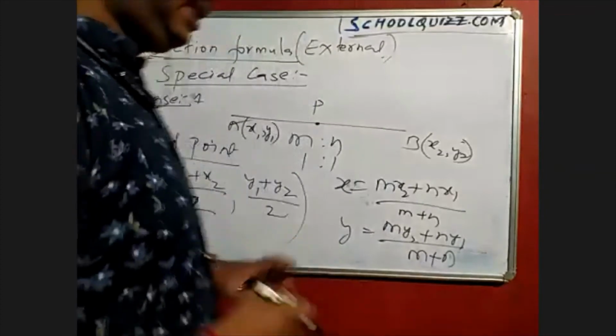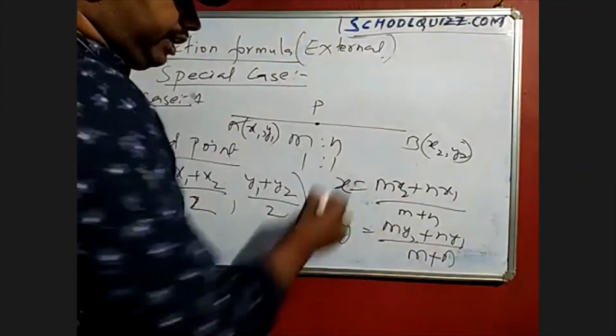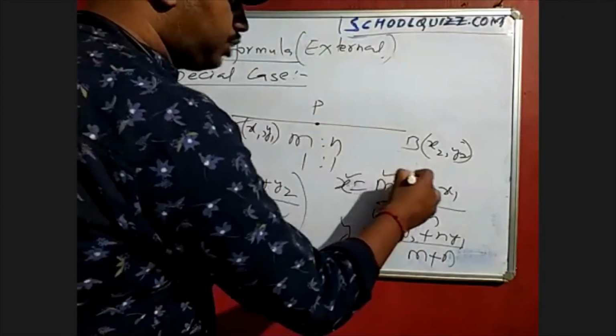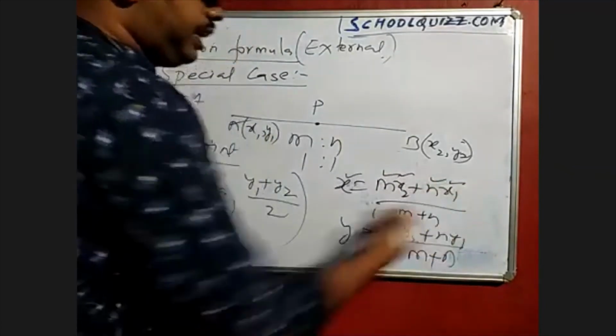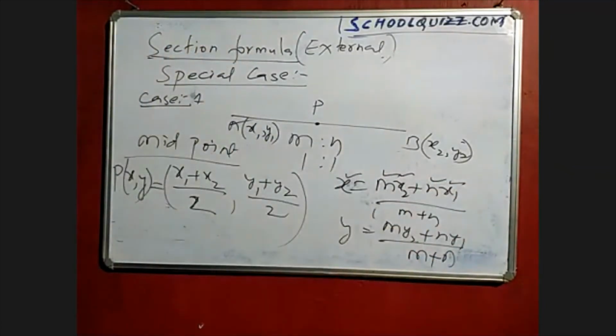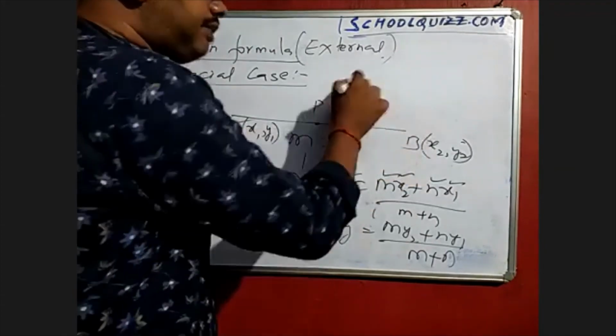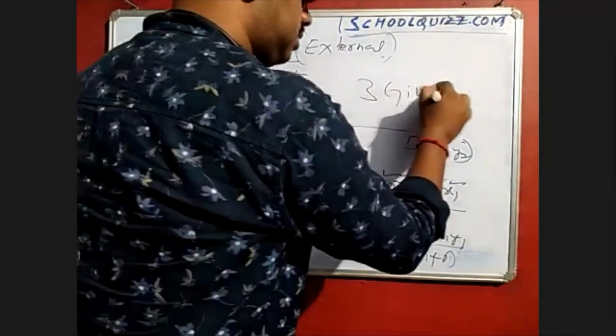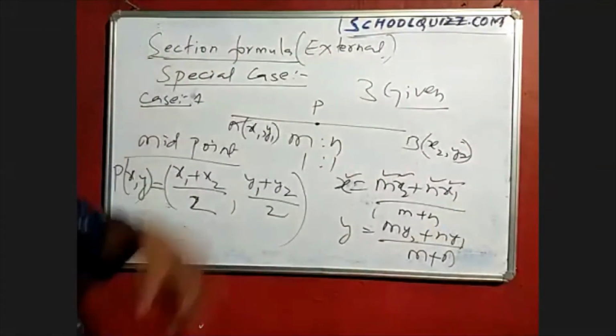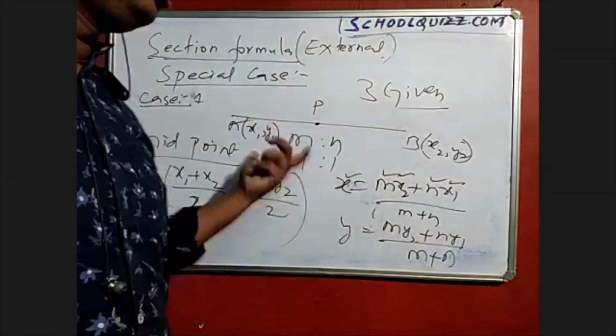See here, what are the unknown variables? x, m, x2, n, x1. But if out of these four, three are already given, you can find the fourth one easily.